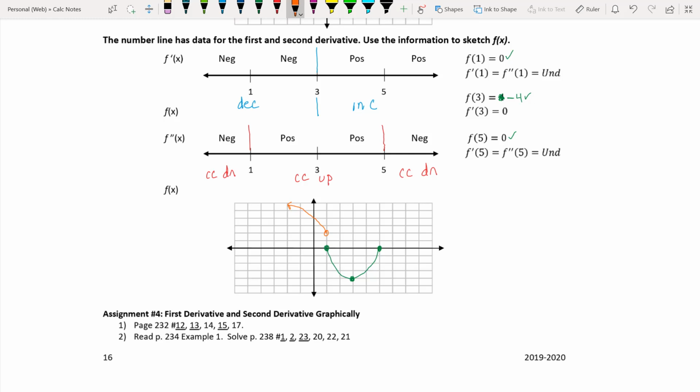I'm increasing from 3 to infinity, but at 5 I go back to concave down, and the derivative at 5 is undefined. So I must have something weird going on like that that would make my first and second derivative undefined. Okay? Hopefully that made sense, and have fun with the assignment tonight.